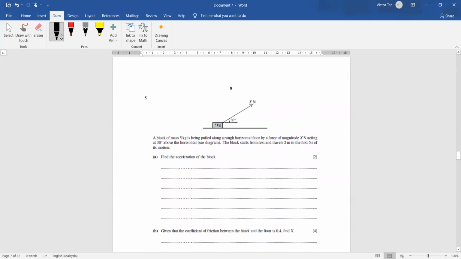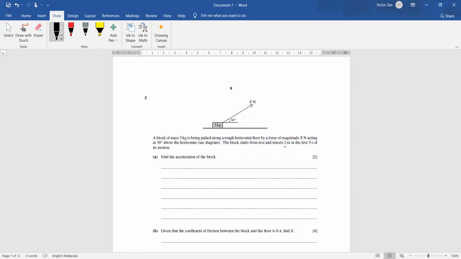A block of mass 5 kilograms is being pulled along a rough horizontal floor by a force of magnitude X Newton, acting at 30 degrees above the horizontal. The block starts from rest and travels 2 meters in the first 5 seconds of its motion. Find the acceleration of the block.